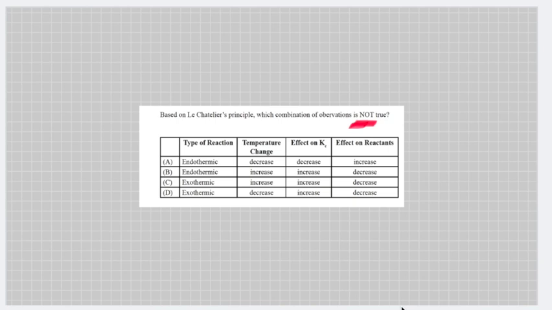And the way students are taught to apply LCP is to think of a reaction such as A plus B giving C. And if this reaction happens to be exothermic, then we would say that heat is a product.